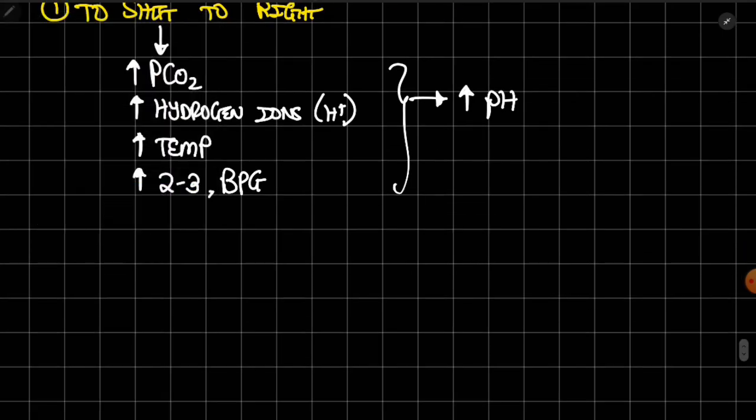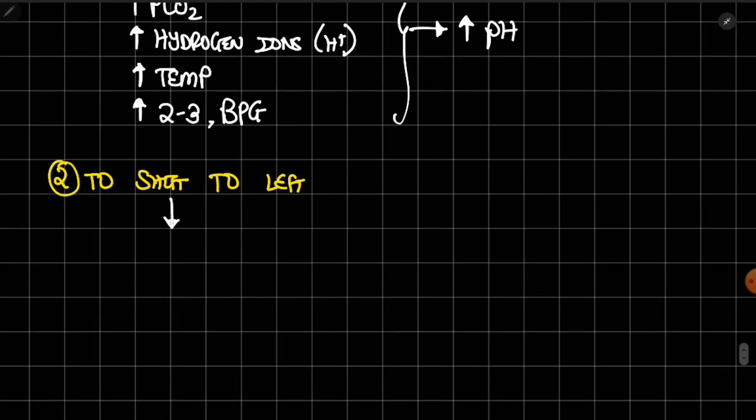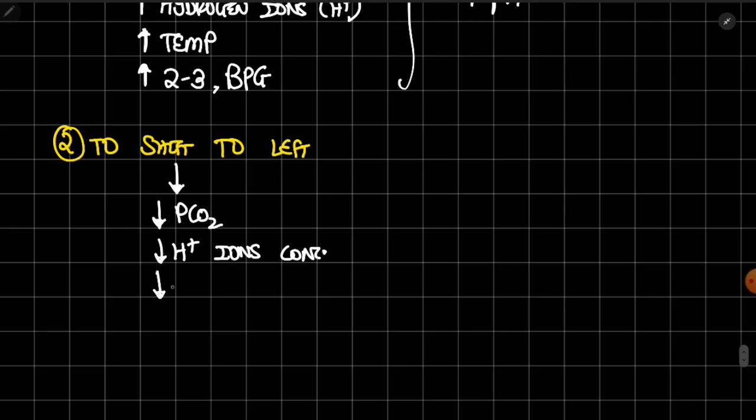Factors which cause a shift to left. So everything is not right, so all the positive conditions: basically decrease in PCO2, decrease in H plus ions or decrease in hydrogen ion concentration, basically a basic environment, decrease in temperature and decrease in 2,3 BPG.